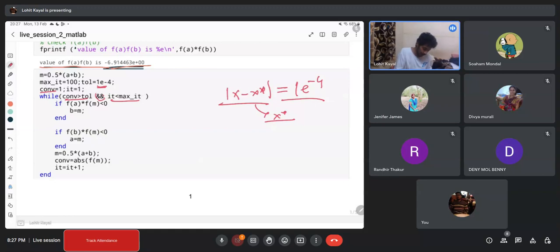I will talk about it in detail in later live sessions. This is called AND. That means when conv is greater than tol, it is true, and it is less than max it. In normal language it is called AND, and to tell it to MATLAB, you need to use this syntax, double ampersand.